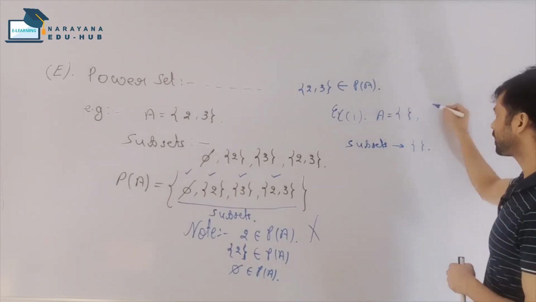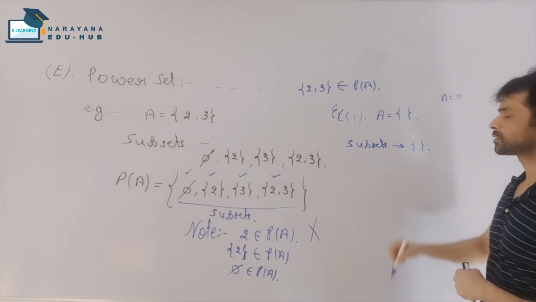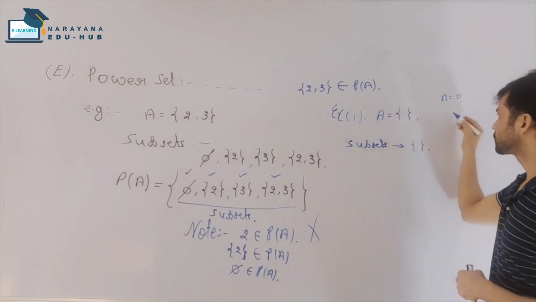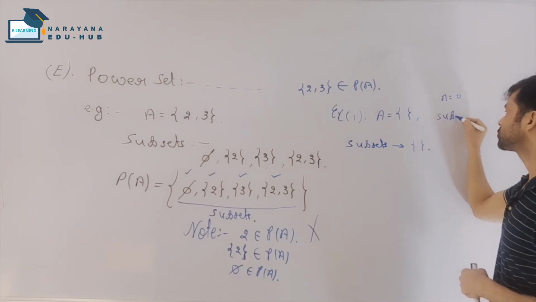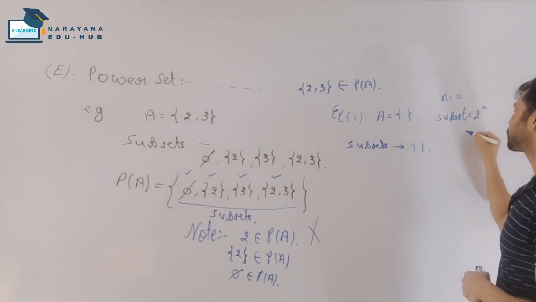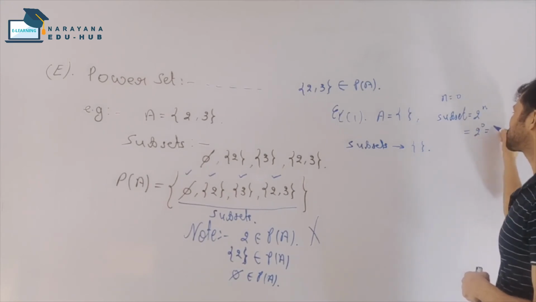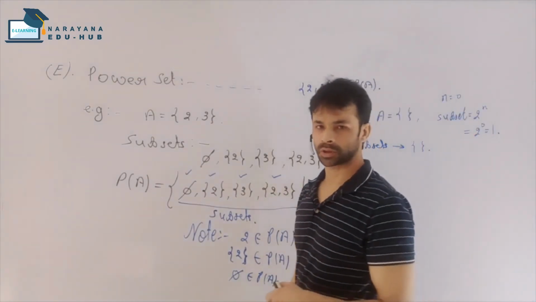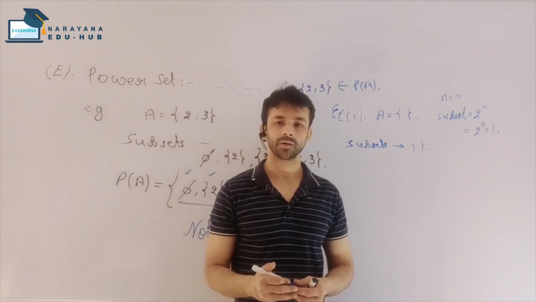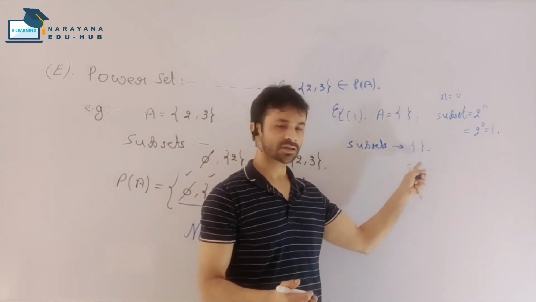Because the value of n is 0, elements are 0, no element. So subsets, as we know the formula, equal to 2 to the power n, right? 2 to the power 0, that is 1. Okay. So only one subset. Okay. So you know this is the subset.